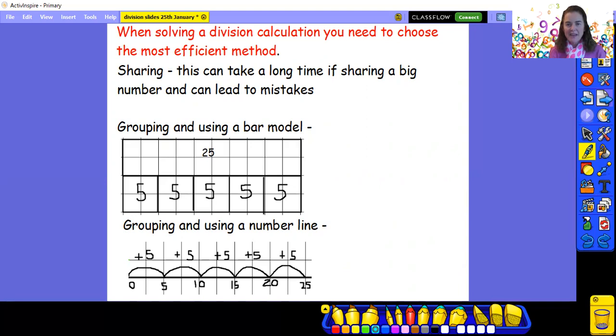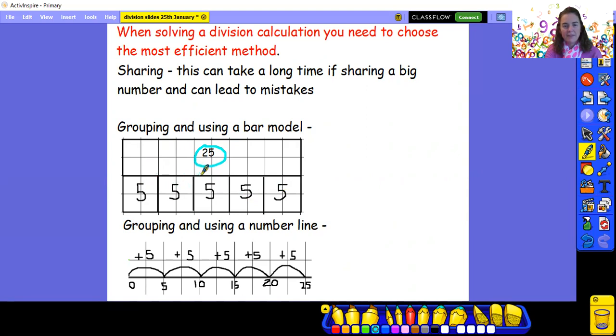Sharing, which can take a long time with a big number and can sometimes lead to mistakes. Grouping and using a bar model. So there's an example here where we had our 25 sunflowers. We were dividing by 5. So we had 5 parts.